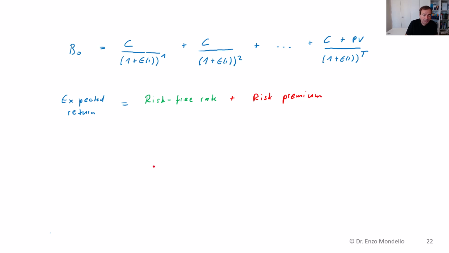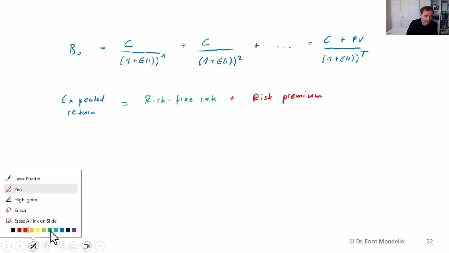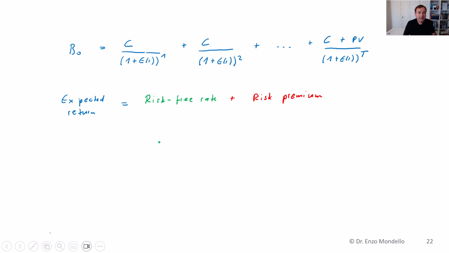And now to determine the risk-free rate, we can use either the yield to maturity of a prime government bond. So here we can use the yield to maturity. Let me just abbreviate the yield to maturity with YTM. Y stands for the yield, T for to, and M for maturity.